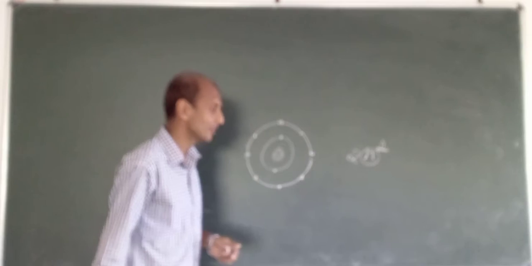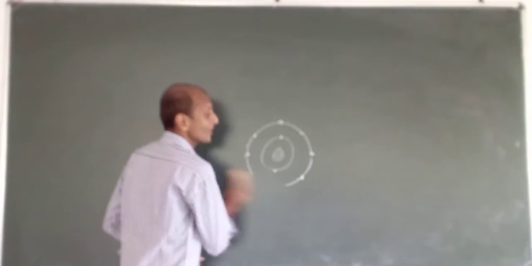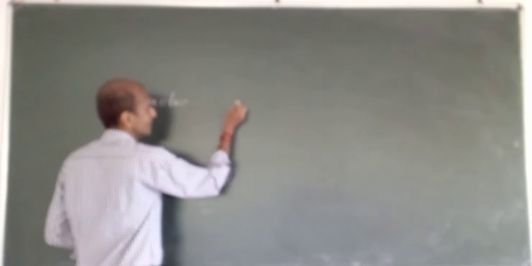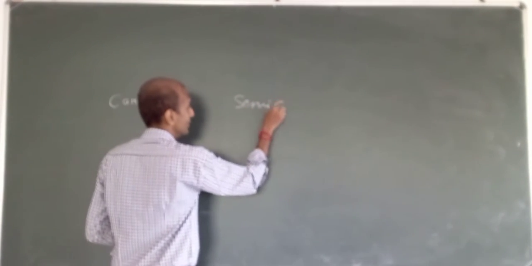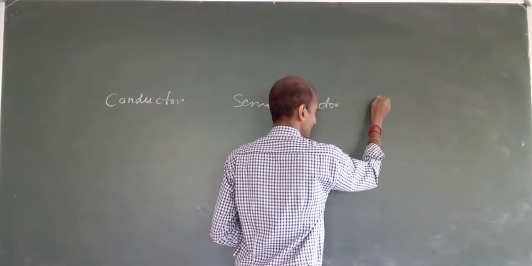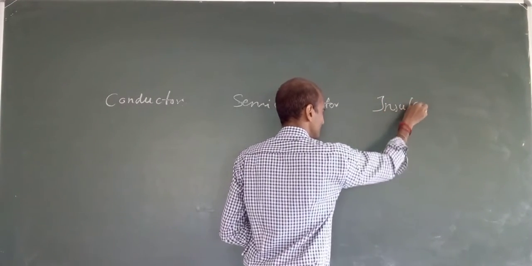Now coming to the 3 types of materials. What are they? Depending on the current carrying capability, we had divided them into 3 categories: conductor, semiconductor, and finally insulator.